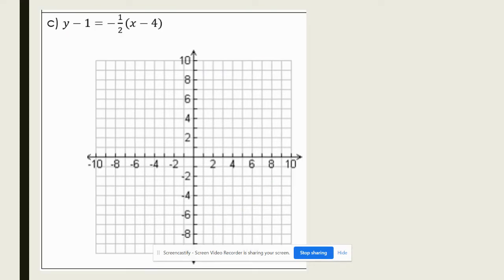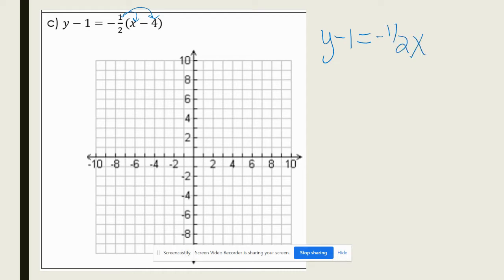Skipping over to letter C, here's an example of when we don't have y equals mx plus b. We need to take this out of point slope form. We start with distributing that -1/2. So we have y minus 1, -1/2 times x is -1/2 x.